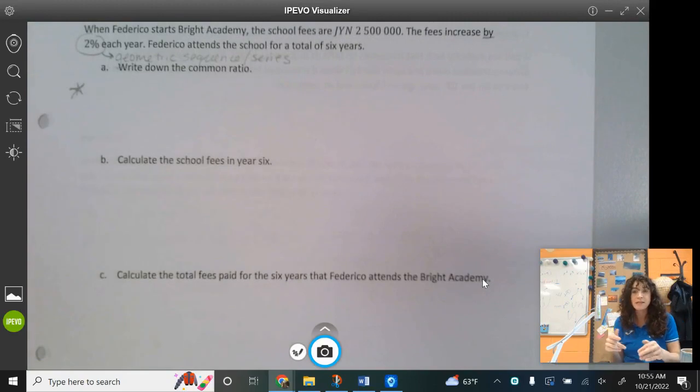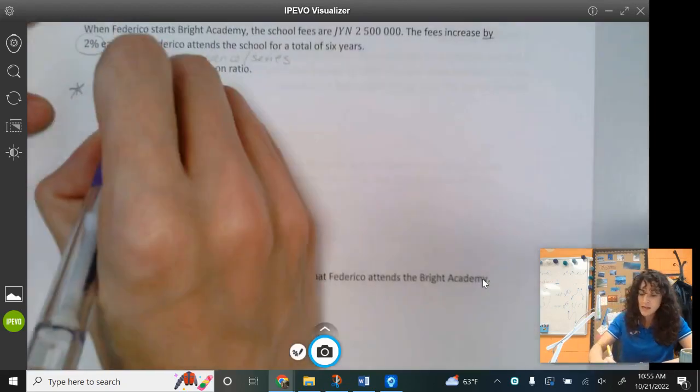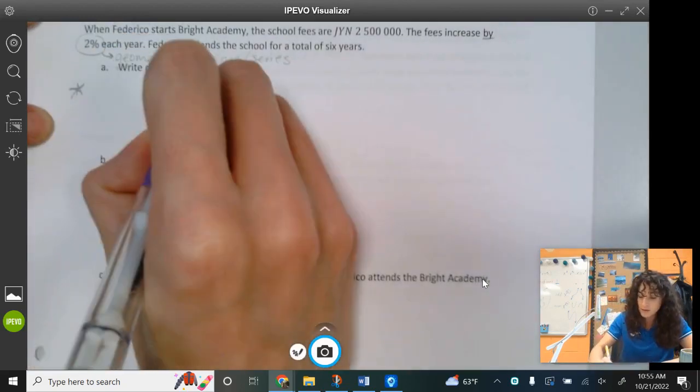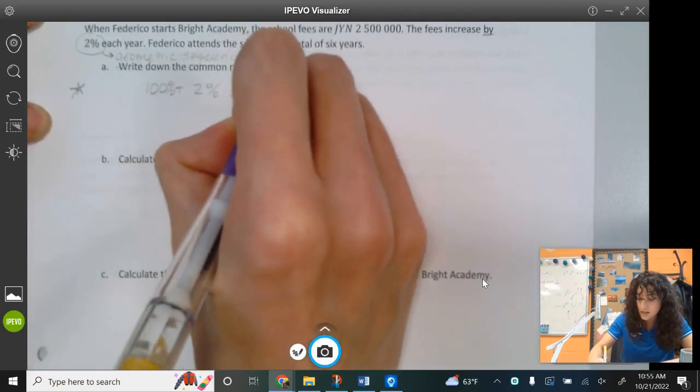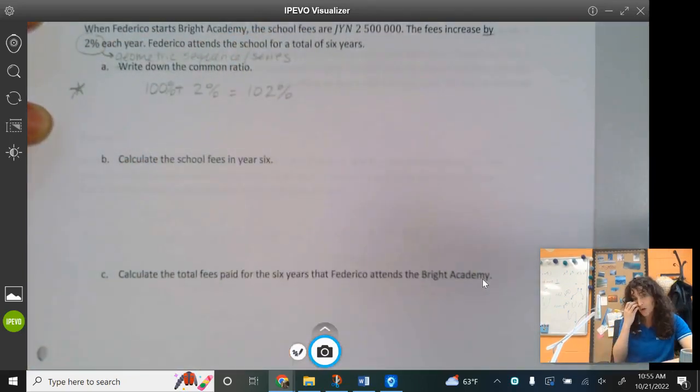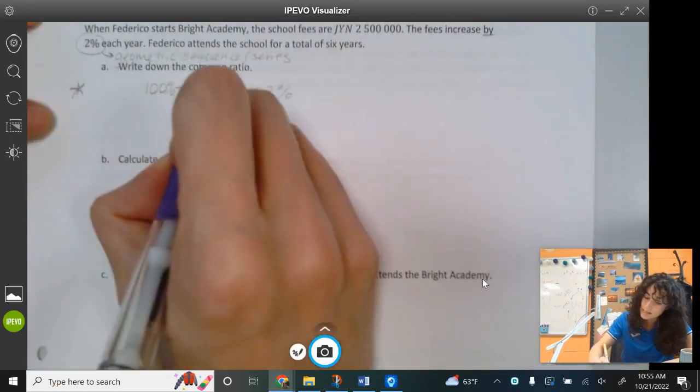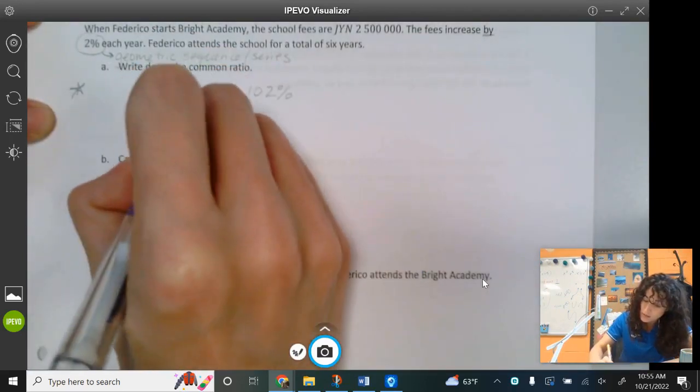We talked about that last time, that if it says that it is this percentage, then that would be your common ratio. But if it's increasing by this much, then that means it's 100% plus 2%, which is 102%. It becomes 102% of what it was in the previous year, which means as a decimal, that's 1.02.